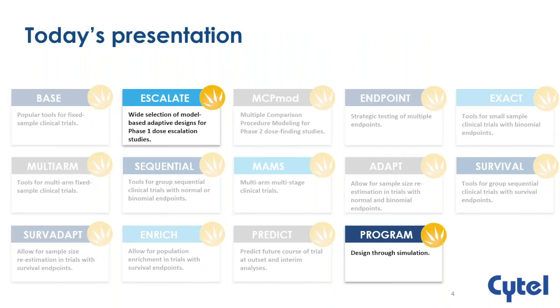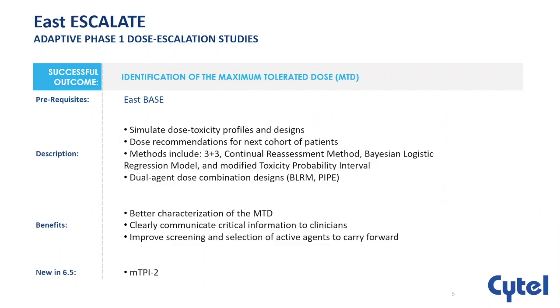The first one is the Escalate module, which allows us to design a dose escalation study geared towards identifying a maximum tolerated dose. But I'm also going to show you a little bit of the program module, which is the module that we're using for designing a sequence of studies, which is going to be handy in today's case study, as you will see in a little while.